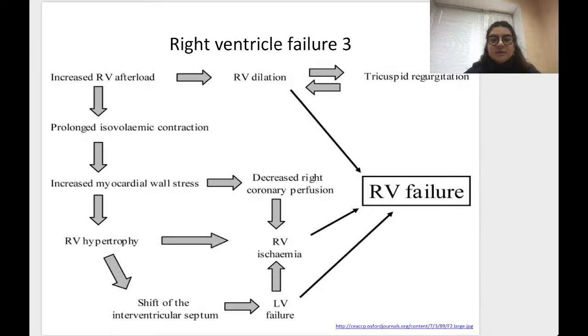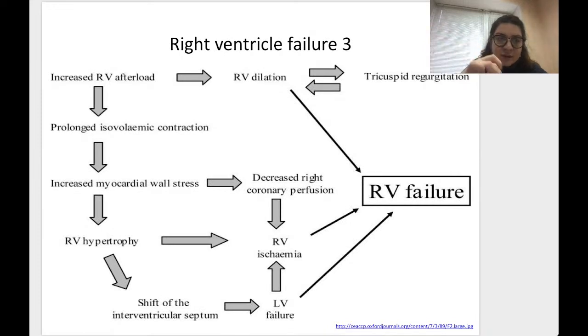Okay, here you see the scheme of right ventricle failure. Usually it starts from increased right ventricle afterload. It leads in one way to right ventricle dilation, and due to this dilation, tricuspid regurgitation.